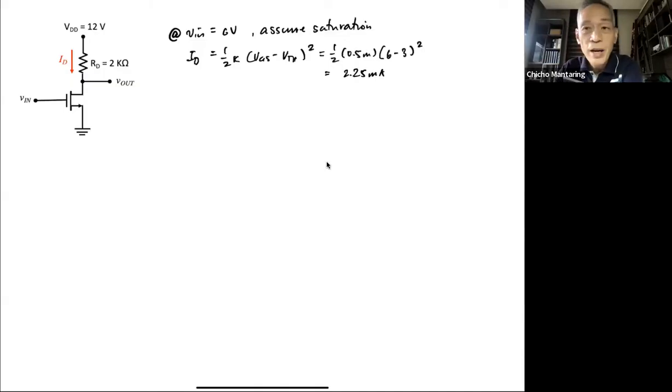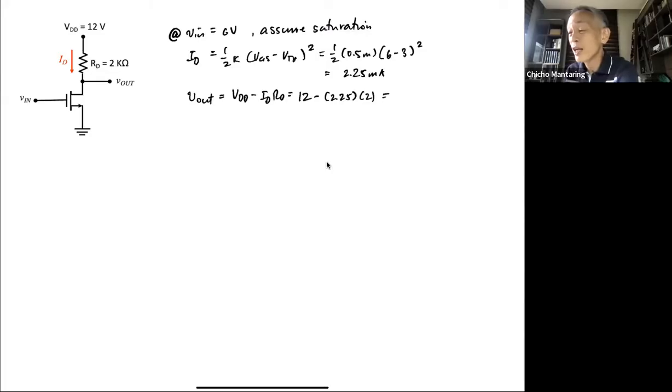So I now compute for Vout, which is equal to VDS. This is VDD minus ID RD. So that's 12 minus 2.25 multiplied by 2, or 12 minus 4.5, which is equal to 7.5 volts.